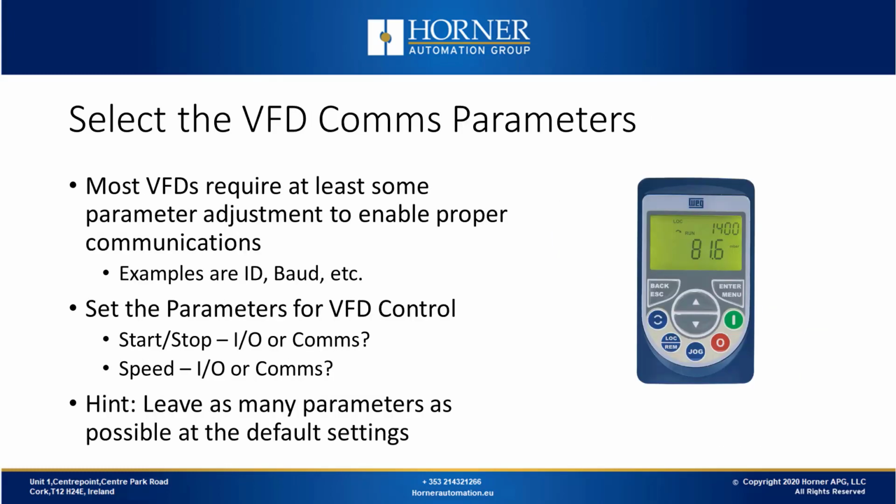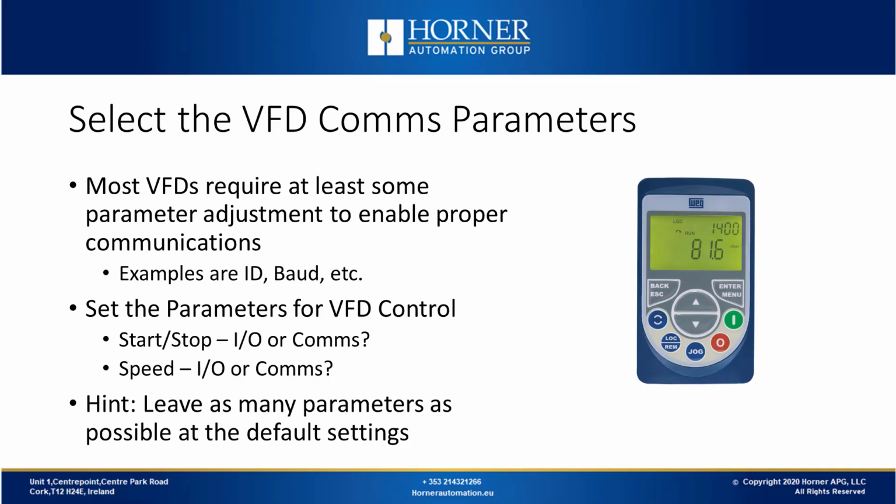The next step is setting parameters in the drive to enable or adjust communications. It's possible that the default parameters will work for you, but it doesn't always happen that way, so you'll need to check the drive manual and look for the communication settings that you need to adjust. An example of this would be the ID for Modbus, or the baud rate, where you're going to want the defaults for the drives, and adjust on the OCS side.